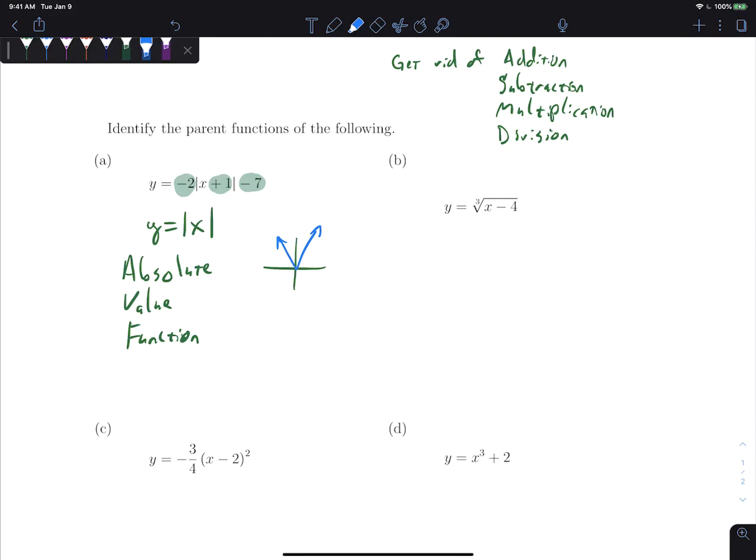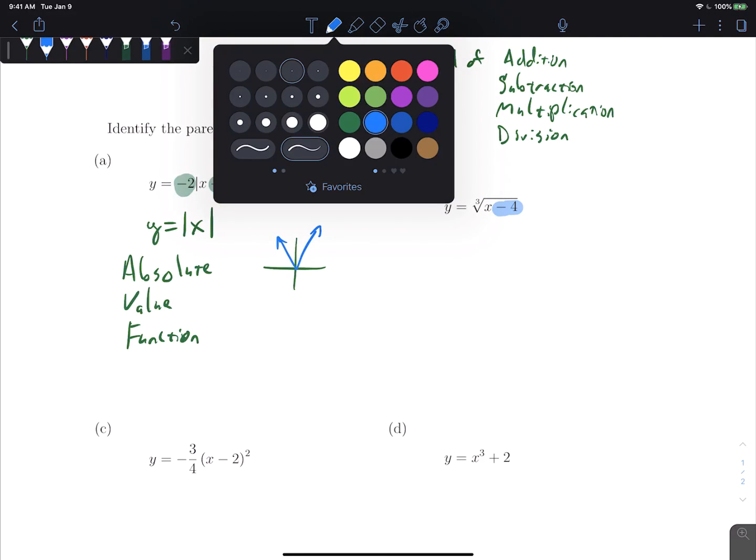Excellent. Now, letter B. Y equals the cube root of x minus 4. The only thing in here that is one of the four operations is just this minus 4. So that's the only thing I'm going to get rid of. I'm going to keep everything else.